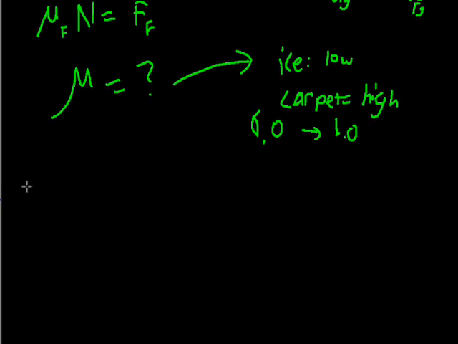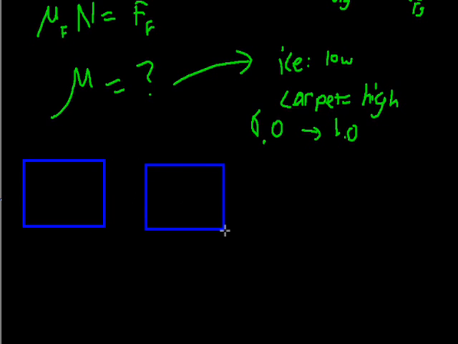An example problem using friction is if we have, for example, a chain of boxes. And they are all linked together. And we are essentially pulling them.